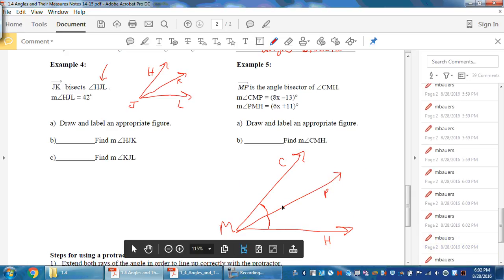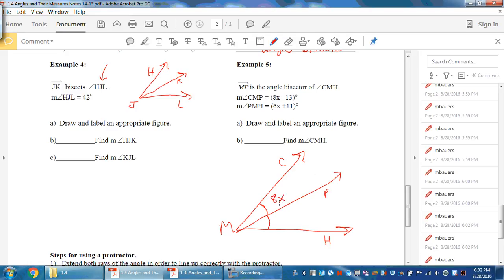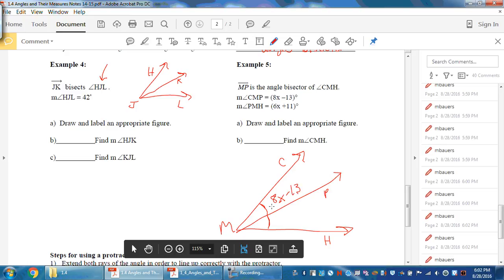Okay. Now, CMP is 8x minus 13. Usually we'd write it right here, but I need a little more space for my phone. And then PMH is this one, 6x plus 11. Now, we can do part plus part equals whole, right?